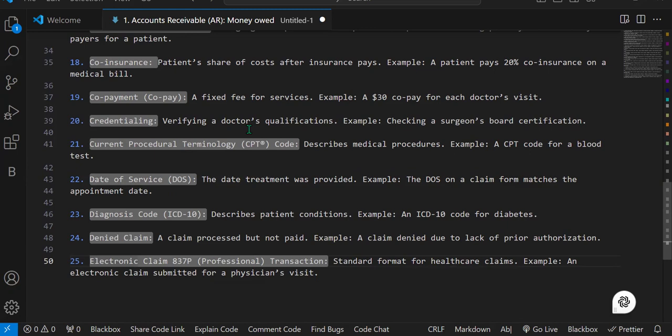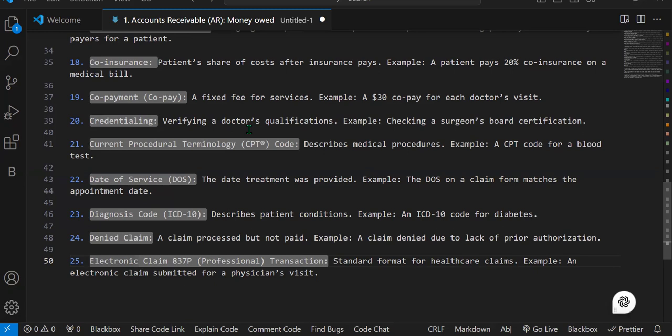Date of service: the date treatment was provided. Example, the DOS on a claim form matches the appointment date. Date of service means, for example, today's date is 6, and today I have gone to the hospital. So what is the date of service? The 6th is the date of service.